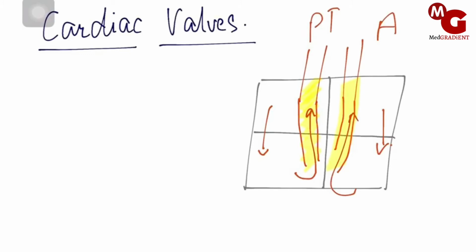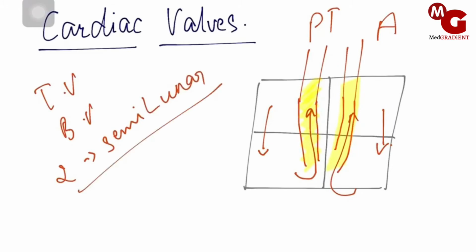Interesting for us are the tricuspid valve, the bicuspid valve, and 2 semilunar valves, right? Semilunar, by the name, refers to the crescent shape of the cusp of the semilunar valve, which gives it the name.